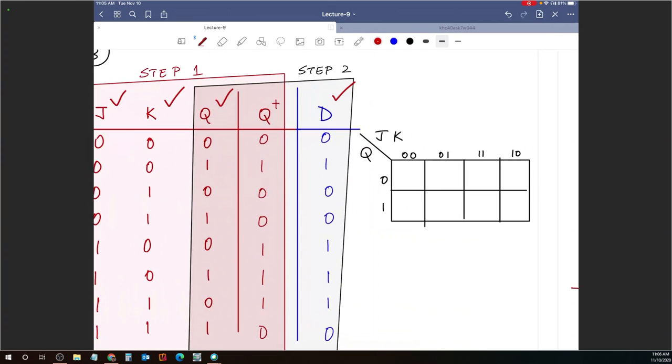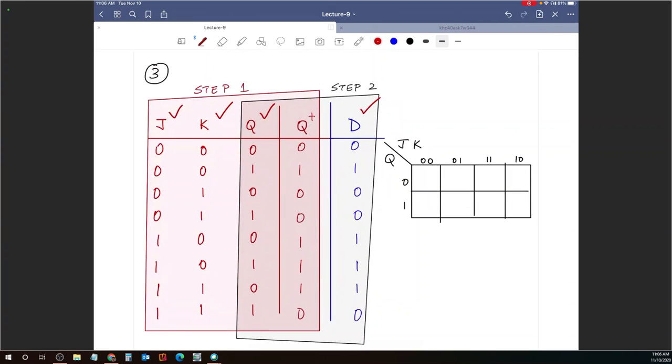So let me just take this column here for D and transition that to a K-map. 0, 1, 0, 0. I'm reading the last column here. 0, 1, 0, 0. 0, 1, 0, 0. 1, 1, 1, 0. Hopefully you guys agree with that. Next, simplest.